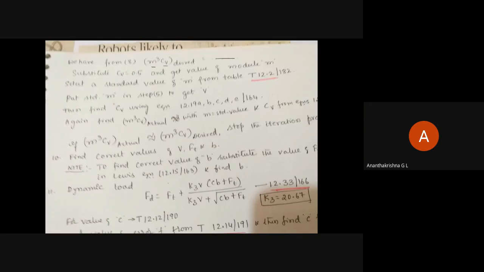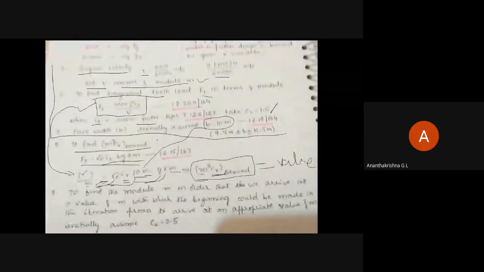Because I have the value here, CV I'll assume 0.5, take it to the right hand side. Then I will get the value of module m. Are you there with me? Yes, sir. Please come back and note down these two steps.